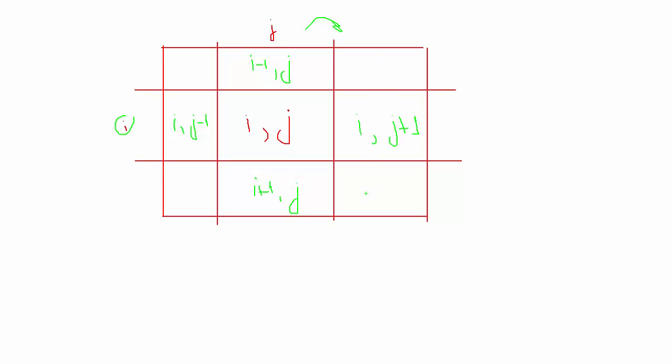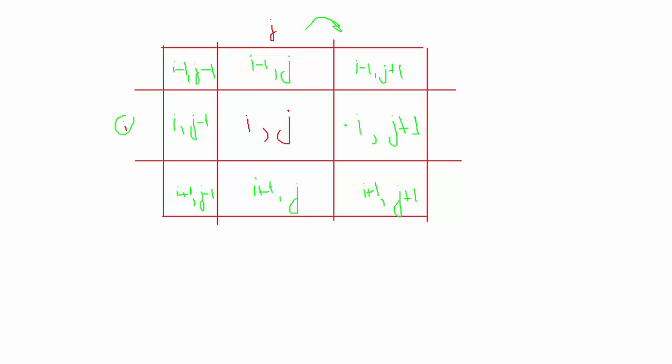And this one here, i plus 1, j plus 1. Up here, i minus 1, j plus 1, and let's just fill the other one. So i minus 1, j minus 1, and this is going to be i plus 1, j minus 1.